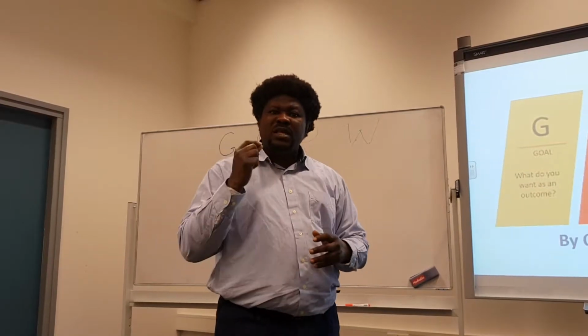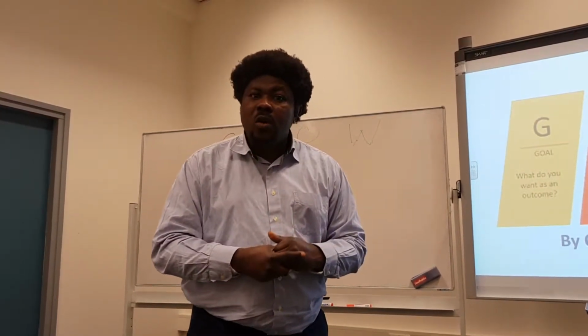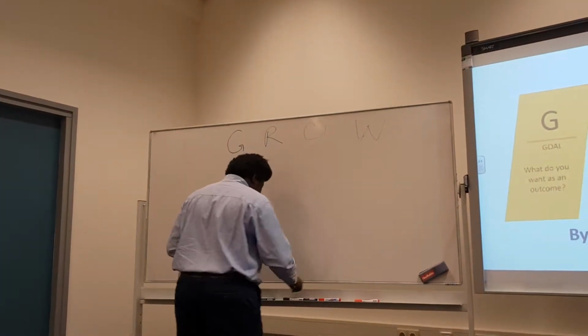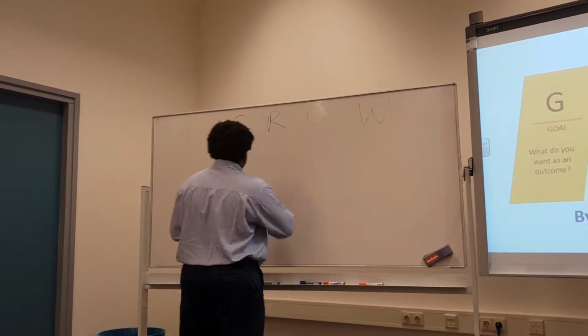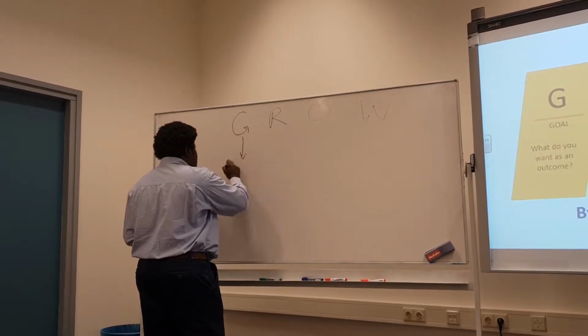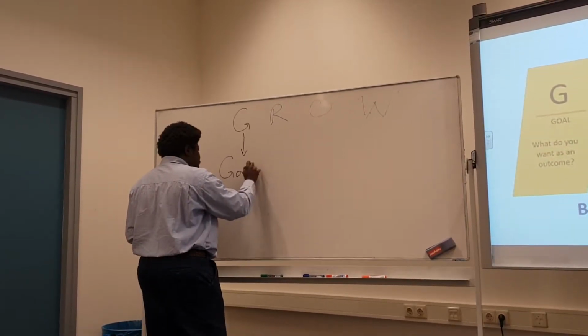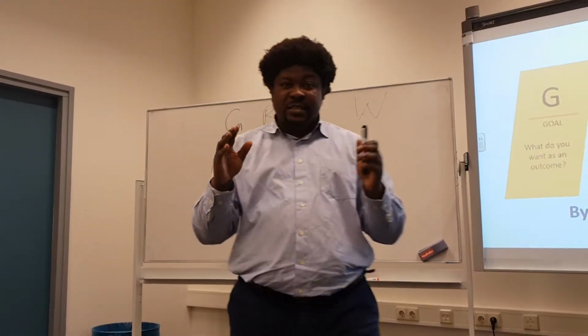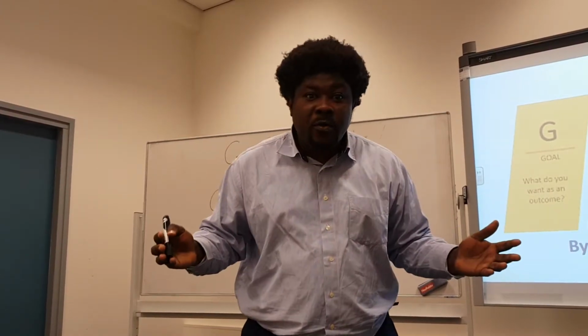So let's look at what each letter of the word GROW means. Back to the whiteboard. The G here stands for goal. And I think it's the right time to talk about goals. This is the 7th of January 2019, so I ask myself, what's our goal for this year?